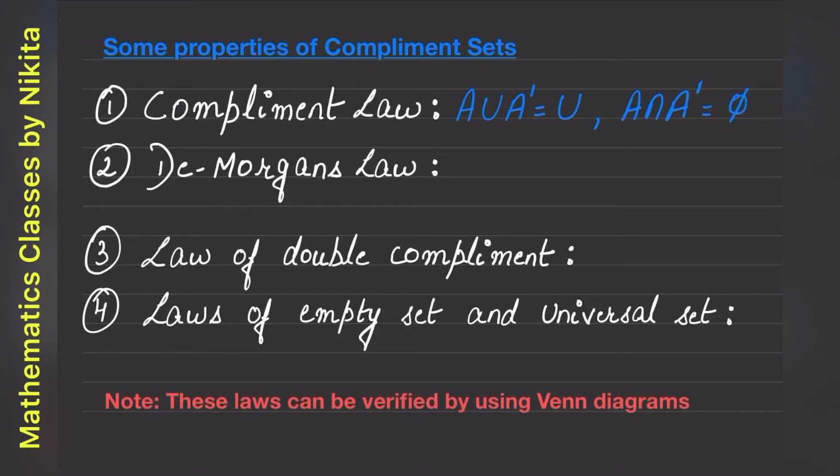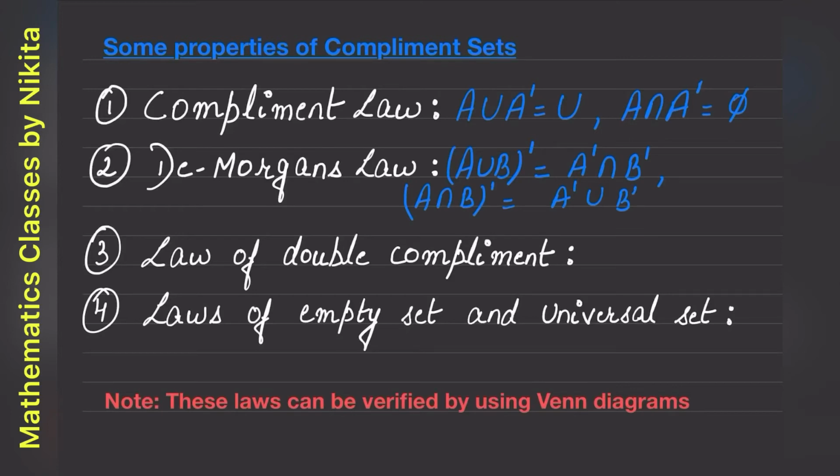डी मॉर्गन्स लॉ जो अभी हमने लास्ट क्वेश्चन में देखा था. Now we are generalizing. जब हम प्रॉपर्टीज़ की बात करते हैं so that means they hold for any set. Okay, so in general they are true. तो De Morgan's law says that first we have for the union. So A union B whole complement is equal to A complement intersection with B complement, and the second one is for the intersection. So A intersection B whole complement is equal to A complement union with B complement.